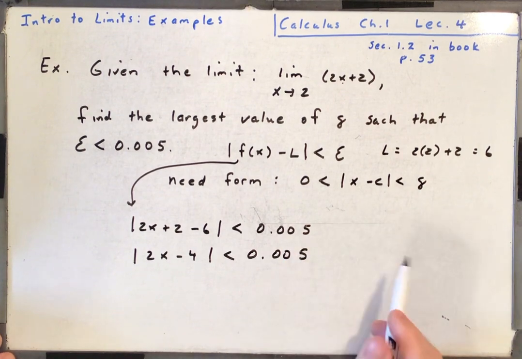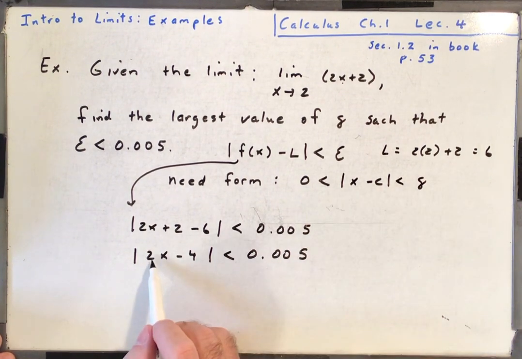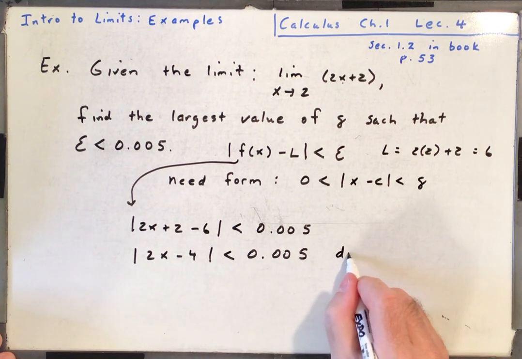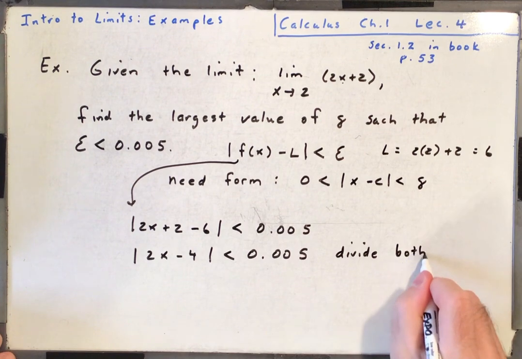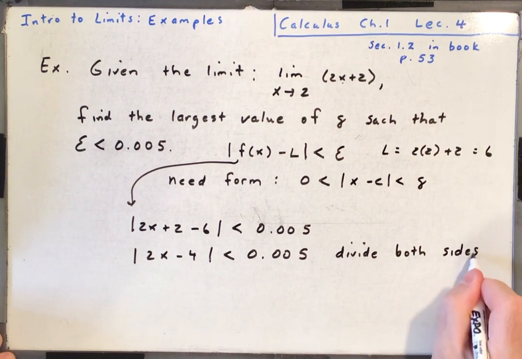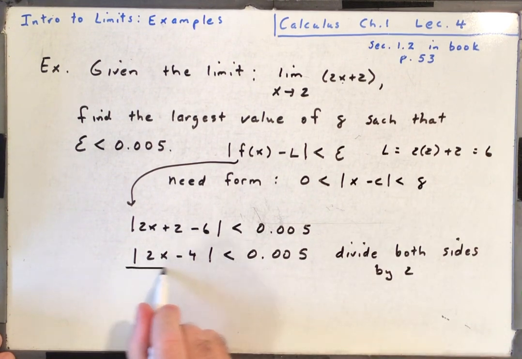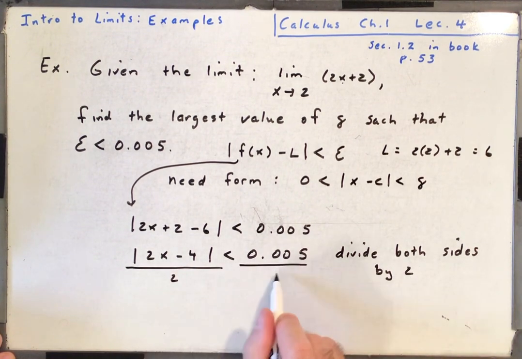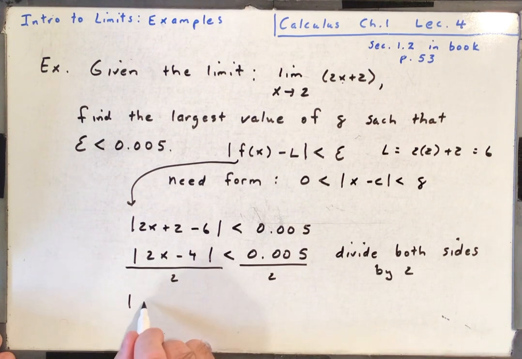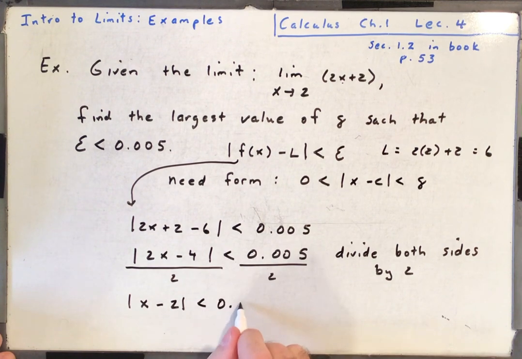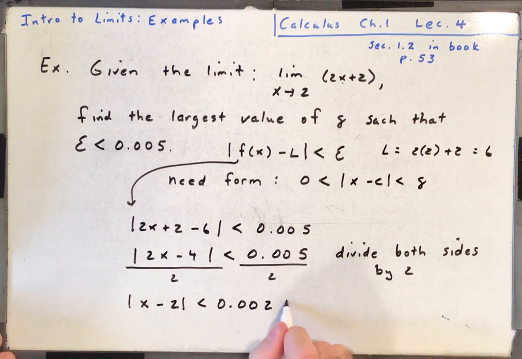Well, I need the form x, not 2x. So let's divide both sides by 2. That'll give me x, right? So divide by 2, divide by 2. And I would have the absolute value of x minus 2 less than 0.0025.